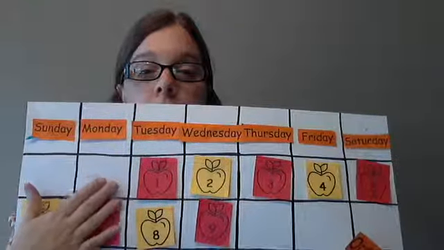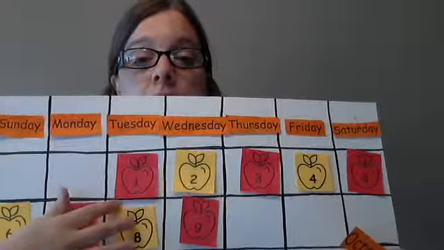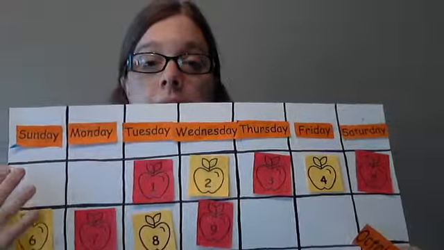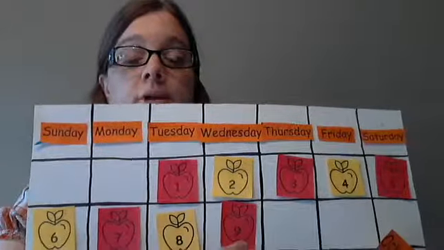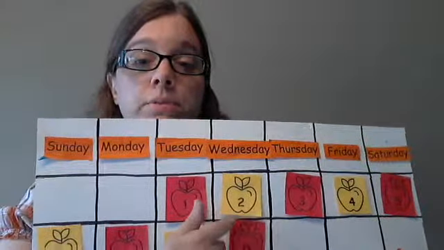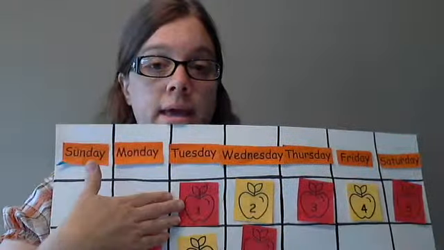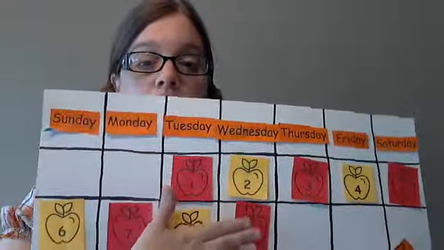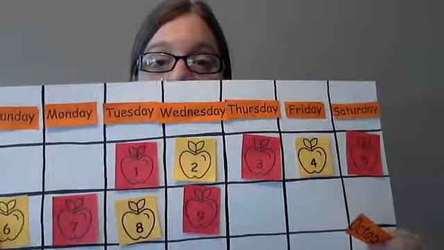You can have students come up and put it up there and show it, and have them count. They can count to what date it is, all the way to the number 9, and then they can talk about red, blue, an A-B pattern. You can change these patterns to be A-B-B-A or A-B-C, A-B-C, or different ones, whichever ones your class needs to work on. That's our first math board.